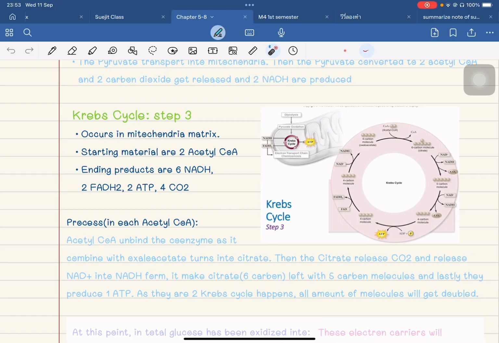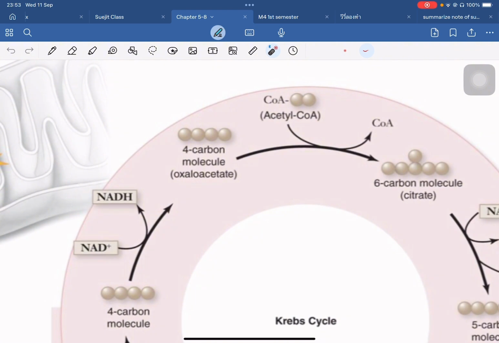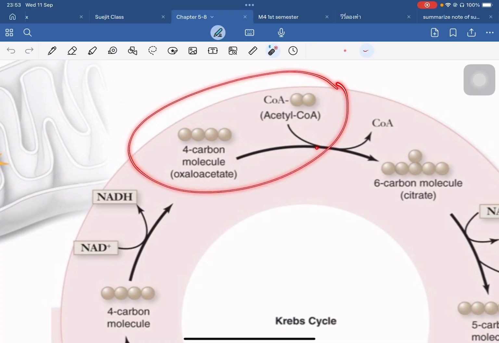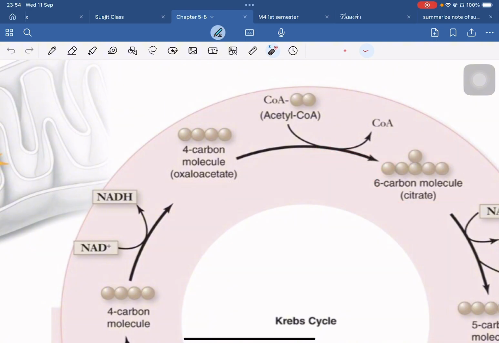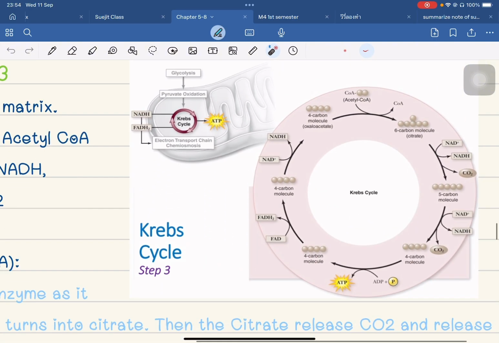In the meantime, as the acetyl coenzyme A binds to the oxaloacetate, the coenzyme A bounces off, and they bind together into citrate, which is a 6-carbon molecule.